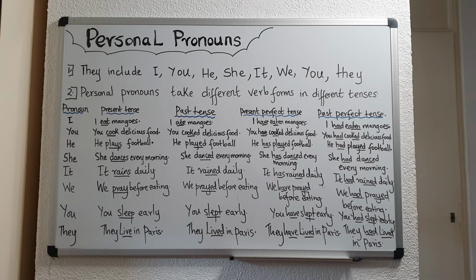That is the first verb form, the base form of the verb, eat. I eat mangoes. In the past tense, it becomes ate. I ate mangoes, because eat is an irregular verb. So it becomes ate. I ate mangoes.